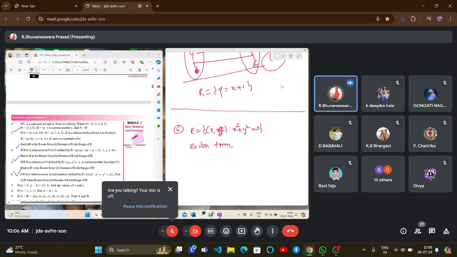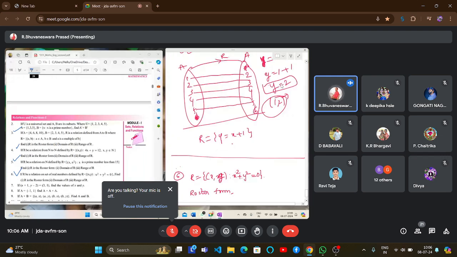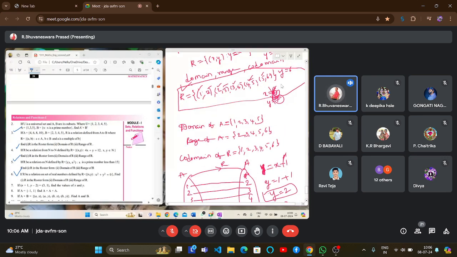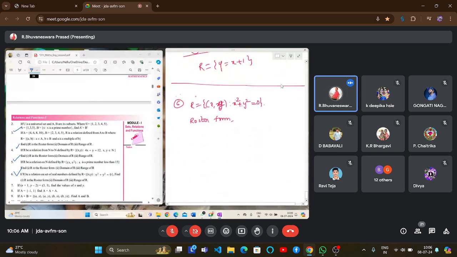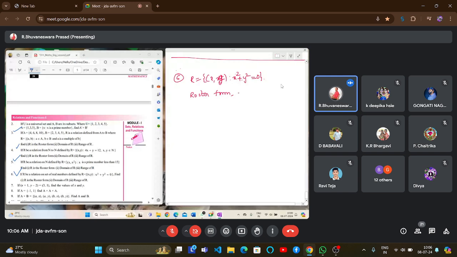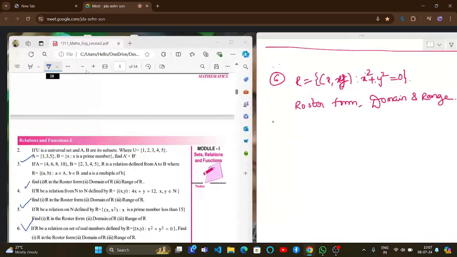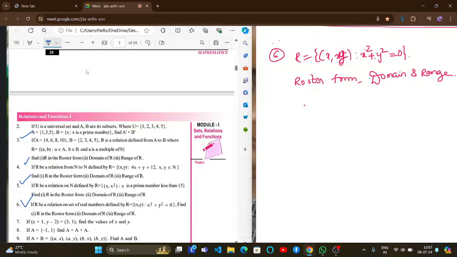The roster form I already found: this is R equals, this is the roster form. The second is domain and range. First we will prepare the roster form.